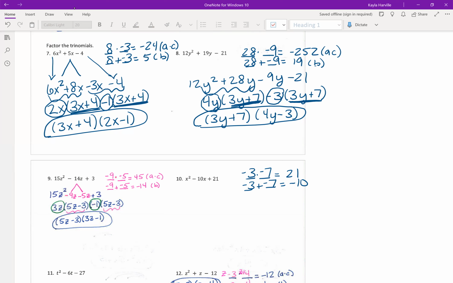Now, when A is 1, there is a shortcut we can use. Basically, we're going to put an x in front of both of those numbers. So x minus 3 and x minus 7, and that's going to be our factors. So this is a shortcut when A equals 1. That's the only time we can use it.